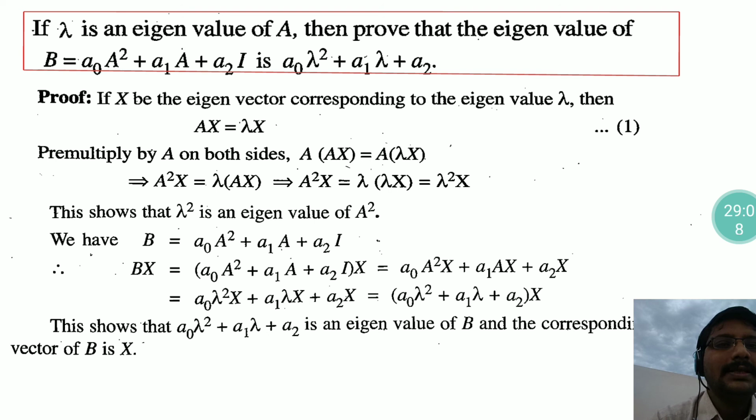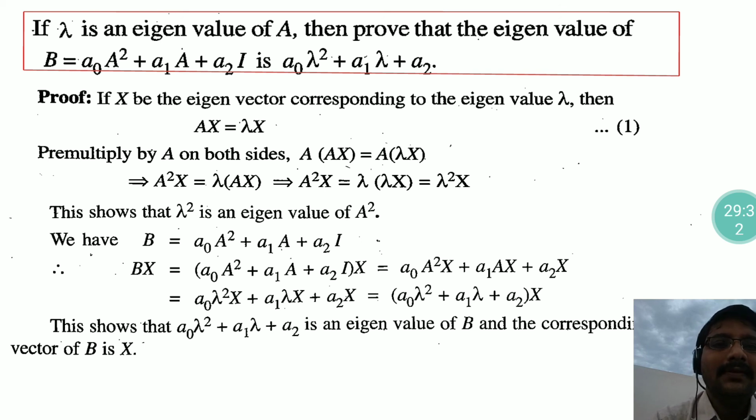To prove this result, suppose x is an eigenvector corresponding to the eigenvalue lambda. Then by the eigenvector definition, x is a non-zero vector, lambda is the eigenvalue, and we have Ax equal to lambda x.